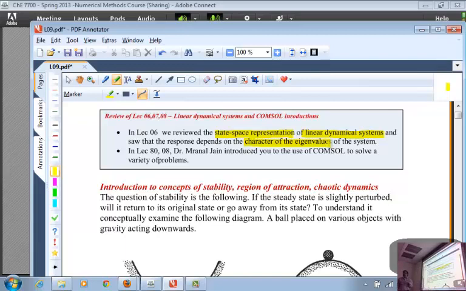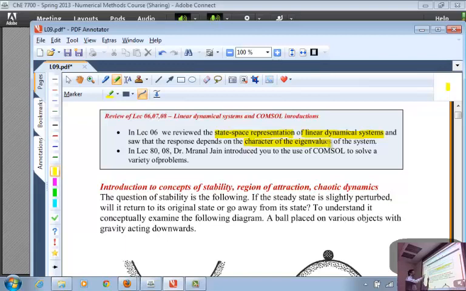It can be a stable node or a saddle point or a closed circle. So there are many types of possibilities depending on the eigenvalues. So the eigenvalues of the problem are very important in determining the stability. Now, how do we extend that to nonlinear systems is what we are going to talk about today.